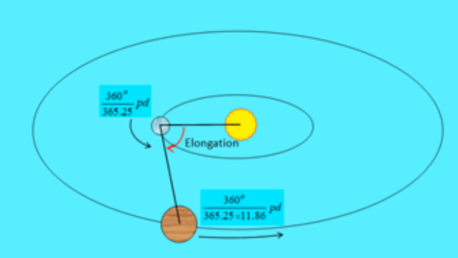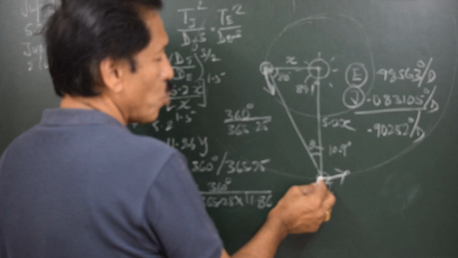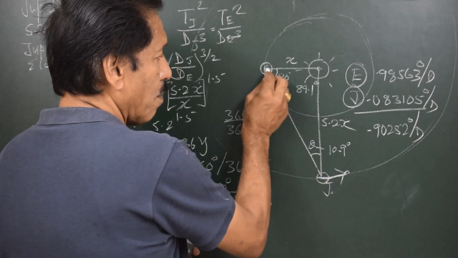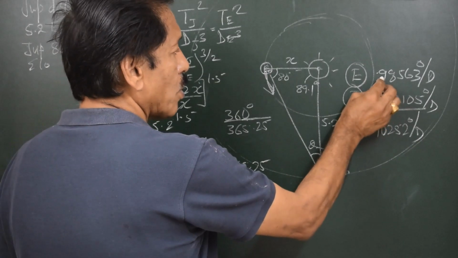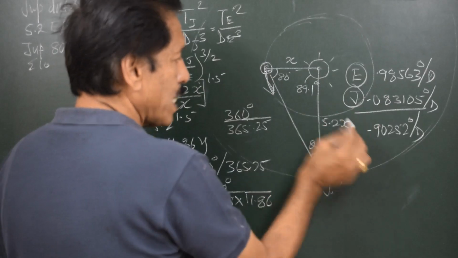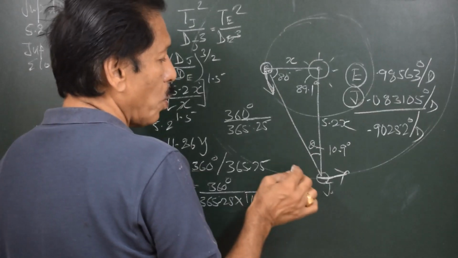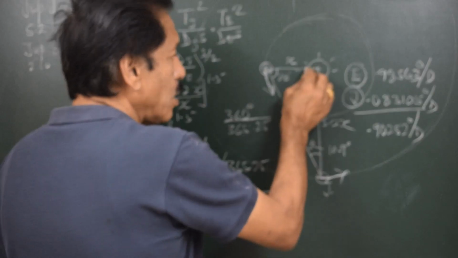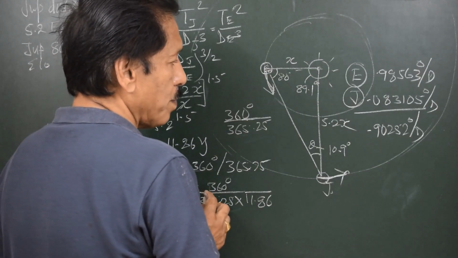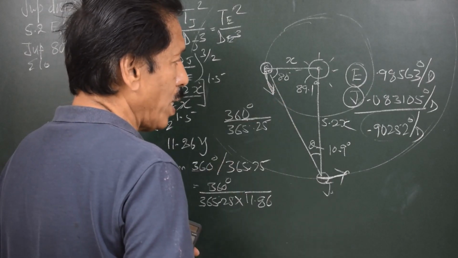But can I say, in this circular track, whereby Earth is a vehicle and Jupiter is a vehicle, I have found out the angular rate of Earth and the angular rate of Jupiter. I find Earth faster than Jupiter, and Earth is definitely going to overtake Jupiter, and the angle to overtake is 89.1 degrees.